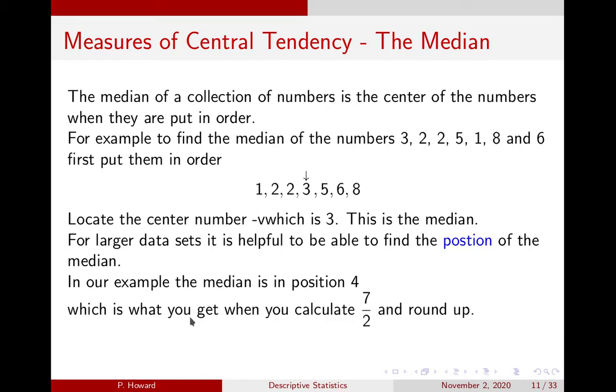And you get 4 by calculating 7 halves and rounding up. 7 is the number of data values. So 7 halves is 3.5. If you round up to the next whole number, you get 4, and that gives you the position of the median.